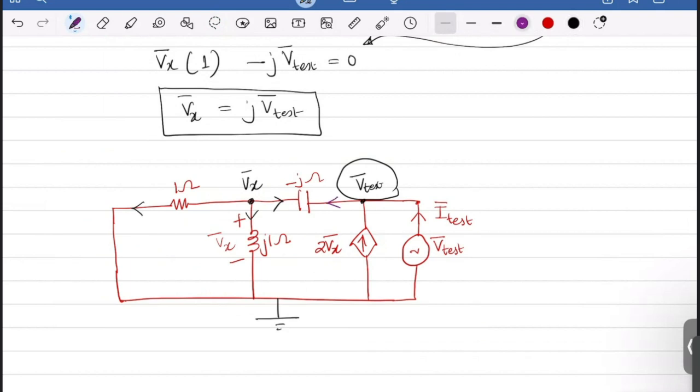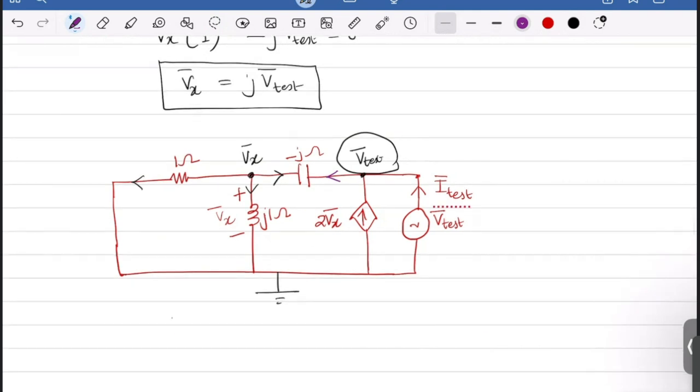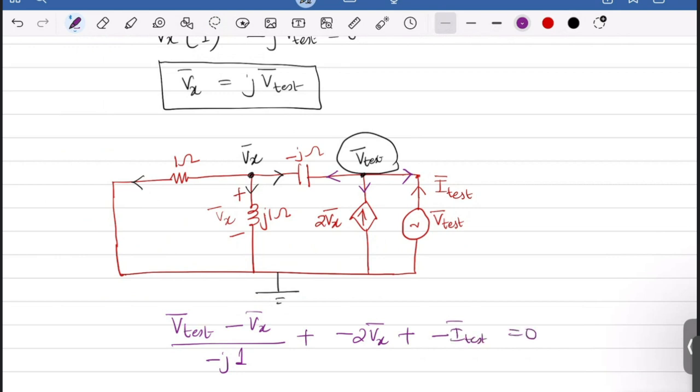So the first current can be expressed as (V test minus Vx) divided by minus j1, plus the current going out from V test, which is minus 2Vx, plus the current going out of V test, which is minus I test, is equal to 0.